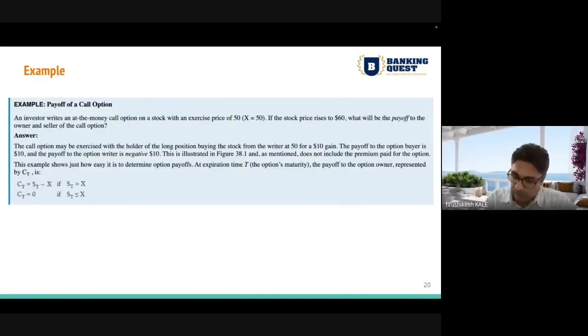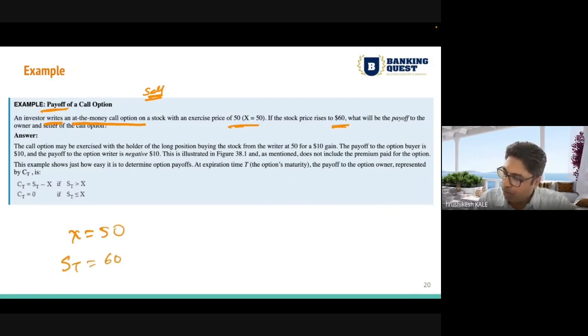Okay, let us try to calculate a payoff of a call option. An investor writes an at the money call option. So writes means sell. With exercise price of 50, X is given as 50. The stock price rises to 60, ST is given as 60. What will be the payoff to the owner and seller of the call option? So basically, long and short call is asking for payoff.